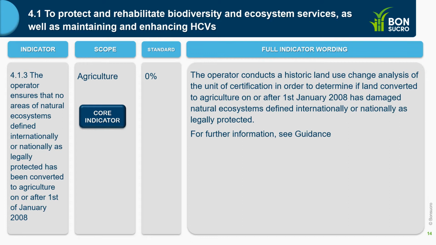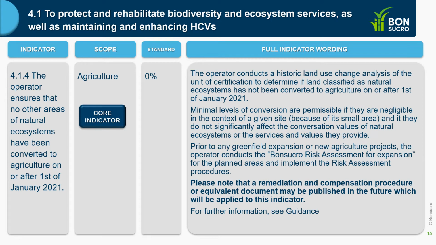So it's important to conduct a land use change analysis, ALUCA, of the unit of certification to determine and be sure, and cross this information with actual information, maybe with the map in 4.1.1, to be sure that no sugarcane has been converted or damaged natural ecosystem identified as internationally or nationally legally protected. So the second indicator that needs to be included in this land use change analysis is 4.1.4.